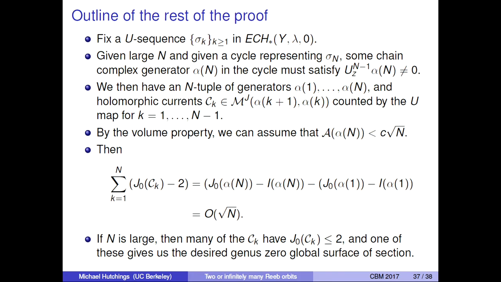So this is the outline of the rest of the proof. Okay, so I have a U sequence, and I take a large number n. I take a cycle representing the class sigma n, and I can choose that cycle such that this chain map that induces a U map to the n minus 1 is non-zero on some generator in the cycle. So that means that I have this diagram not only on the homology level, but on the chain level.